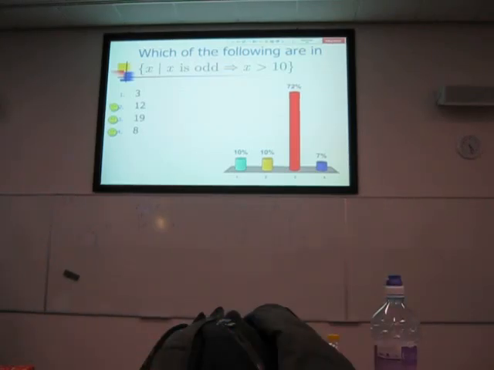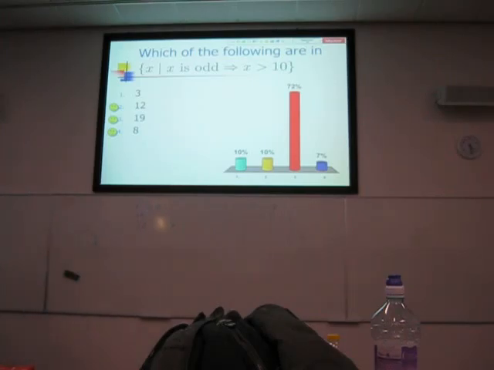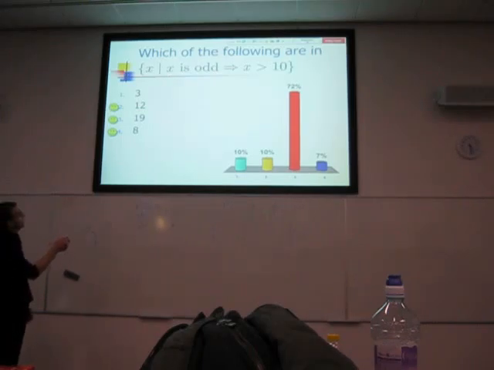Okay, so of course 19 is obviously right because it's odd and it's greater than 10. So in both scenarios, this is true and this is true. So from a truth table point of view, that is correct. Now, if I plug in 3, then 3 is odd, so that's true. But obviously 3 is not greater than 10, so that would be false.